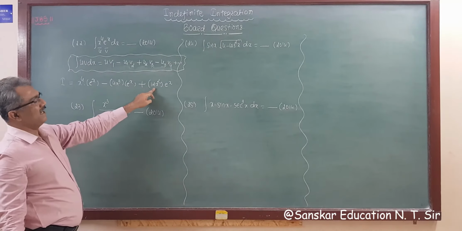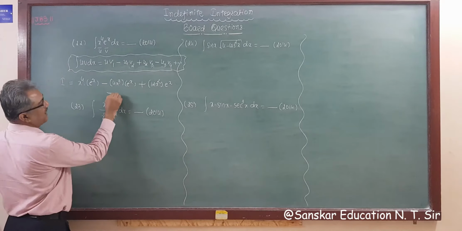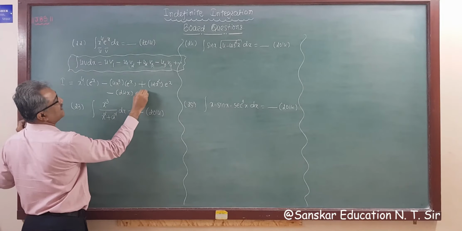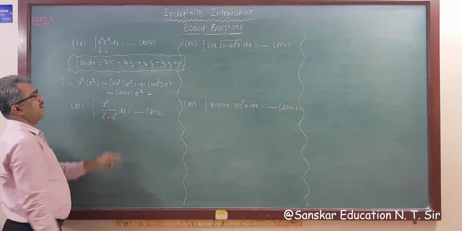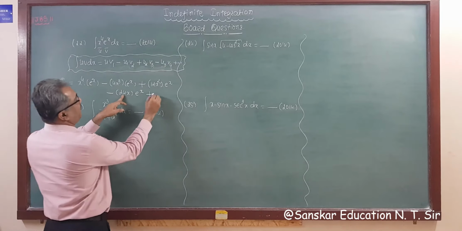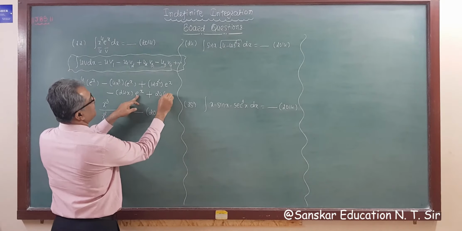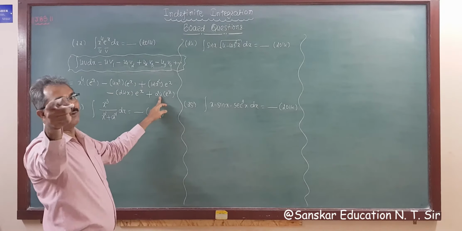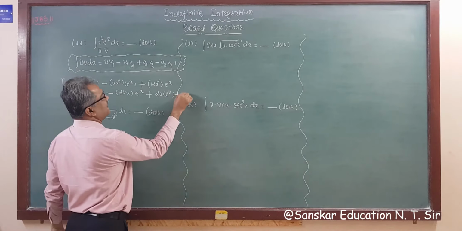Got it? Now again derivative of this, but minus, so minus 24x, and integration is e raised to x, and then plus derivative 24, and integration e raised to x, and then minus derivative of this is 0, so no need to write, and then put plus c here.